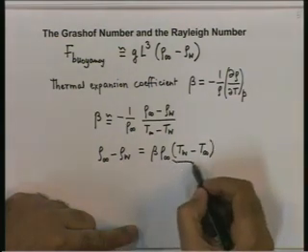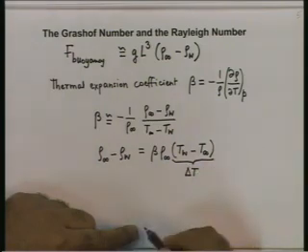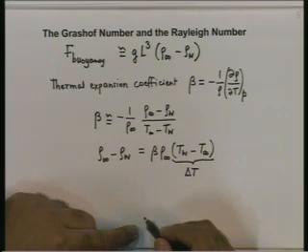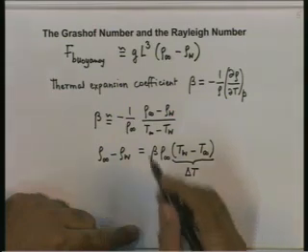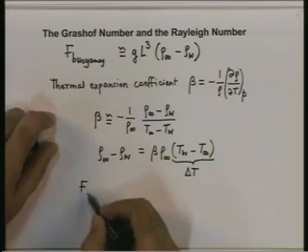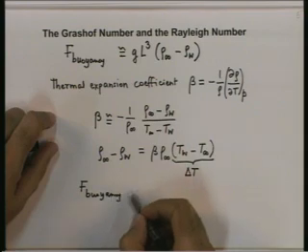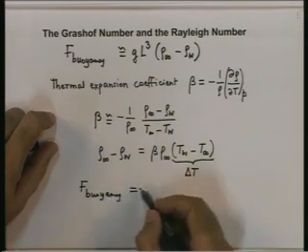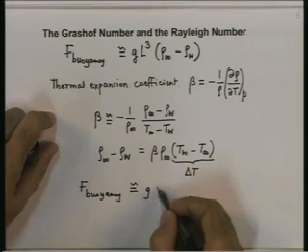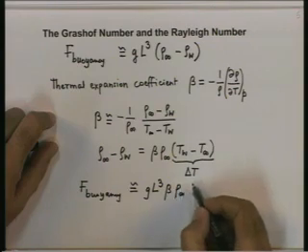This temperature difference between the wall and the fluid is usually represented by delta T. And now, if you look at the force of buoyancy in terms of g, beta, etc., it would now be g L cube beta rho infinity into delta T.